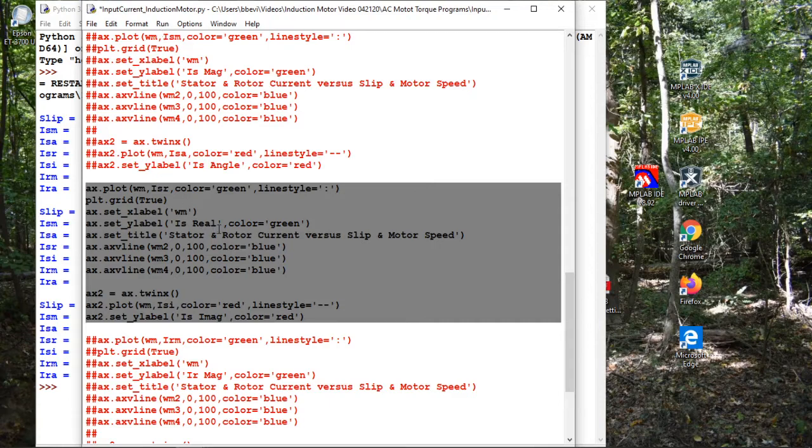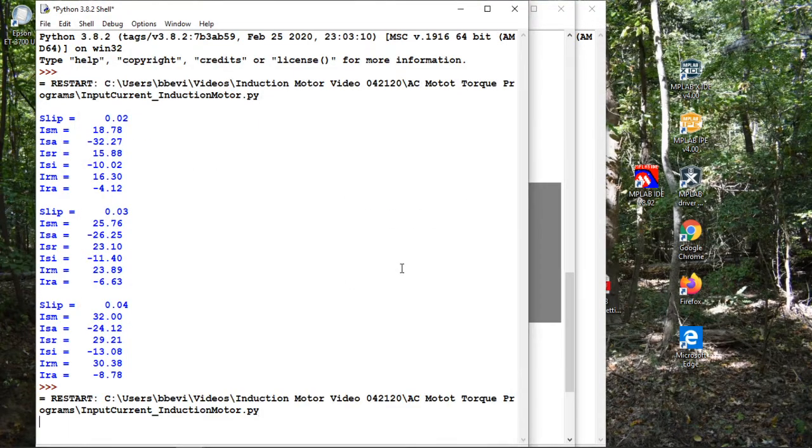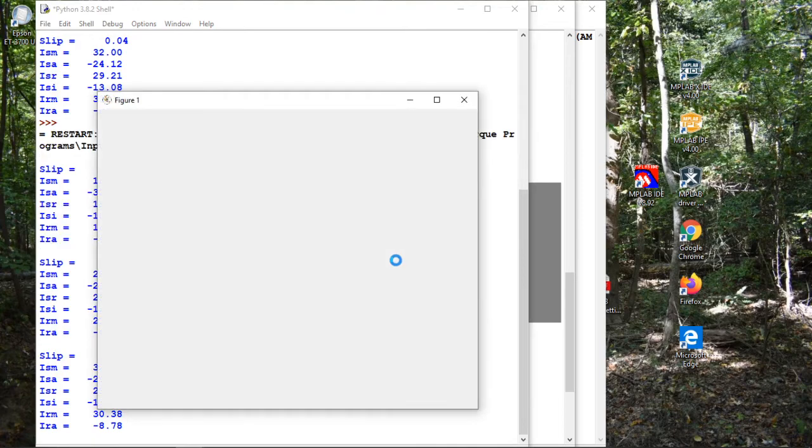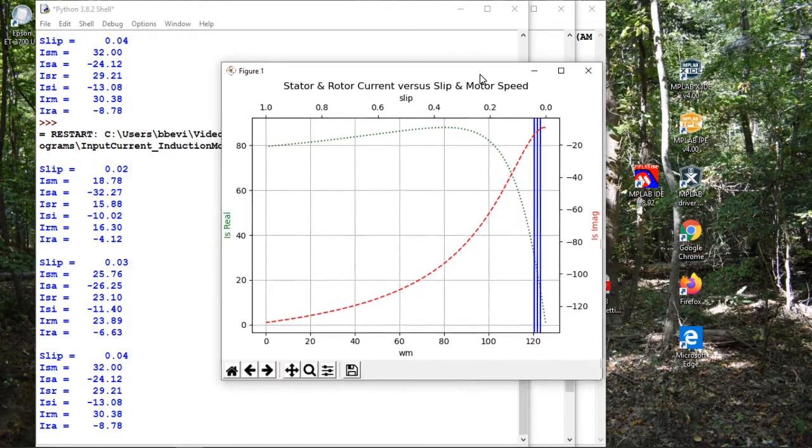And so this time we're doing the real part and the imaginary part. So here we have the real component of the current, and here we have the imaginary component.